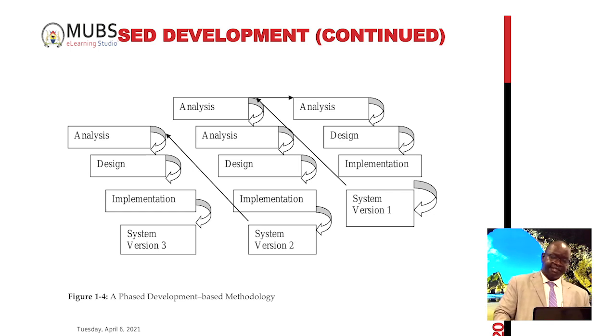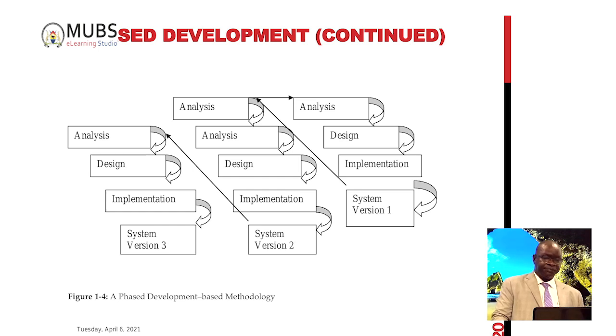So for the first set, when you look at the right arm, there's analysis, design, and implementation. From that, you get system version 1. This is what the organization needs urgently. So they may be using this as the work continues with version 2 to get the next version of the system.